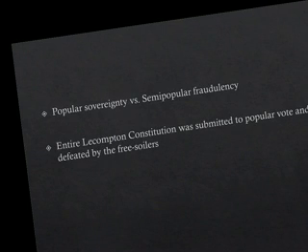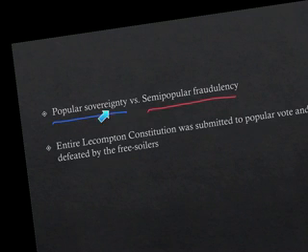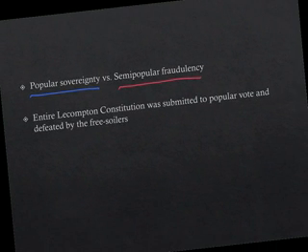Hopefully you can understand this popular sovereignty theme, the theme of popular sovereignty versus semi-popular fraudulency, and spend some time understanding what the vote to allow or not allow slavery, the popular sovereignty debate, and was it a fraudulent approach to freedom. And so then we look at the entire Lecompton Constitution submitted to a popular vote, defeated by free soilers.